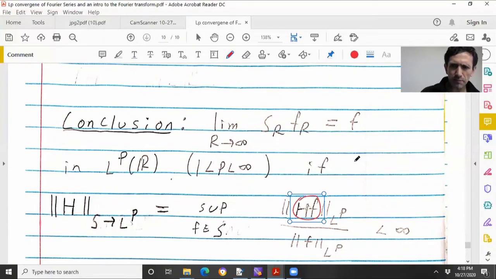It's just the limit as epsilon goes to 0 of the integral over |y| bigger than epsilon of f(x minus y) over y dy, remember in dimension 1.